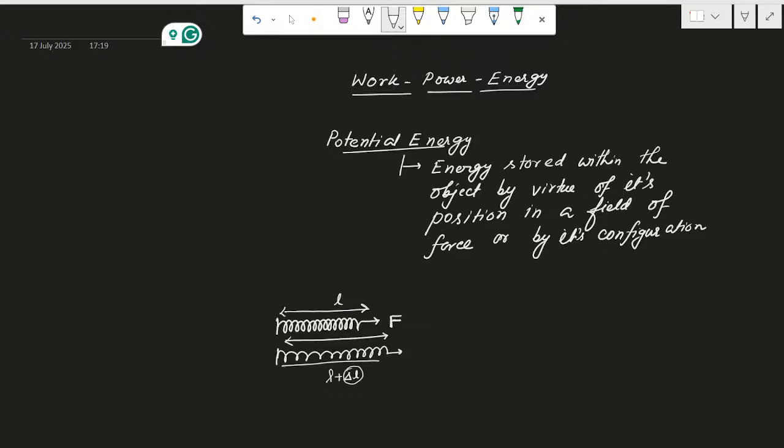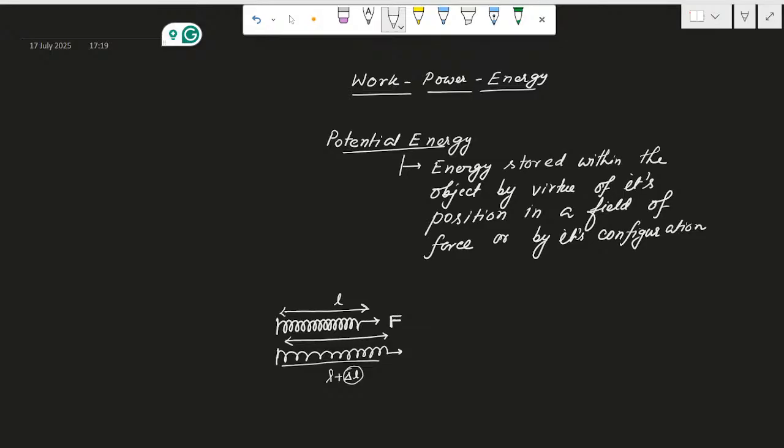How can you realize it? See, once you stretch it, due to the elastic property of the spring, it has a tendency to come back. So who will provide its energy to come back? It's the potential energy inside the spring.